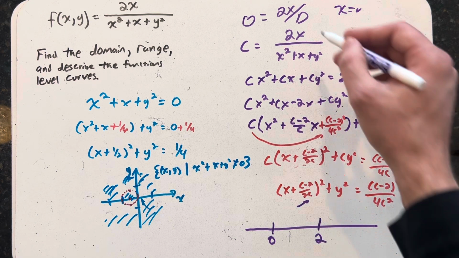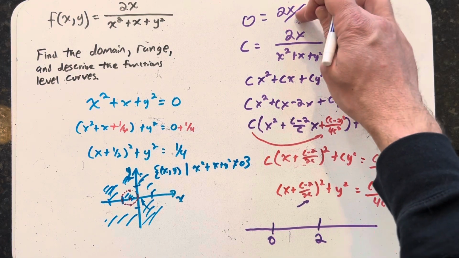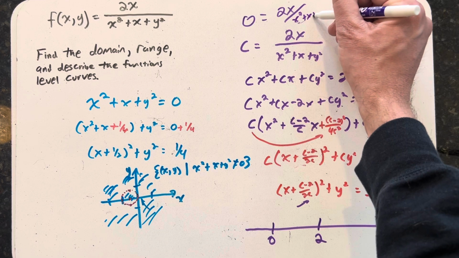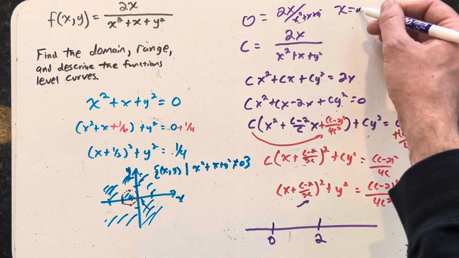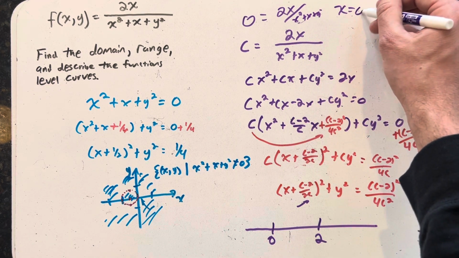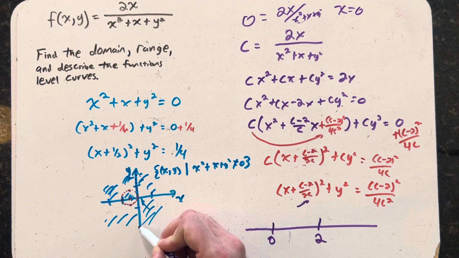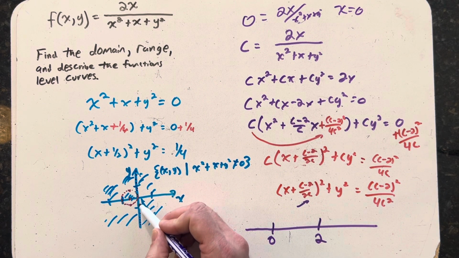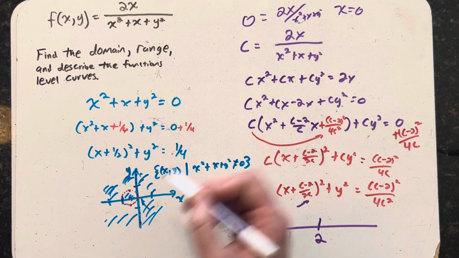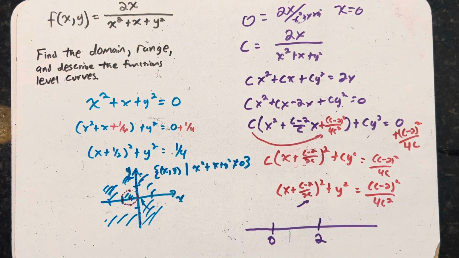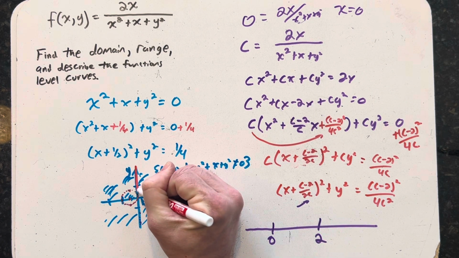I just have to think about the denominator, x squared plus y squared, and all I need to know is that y is some non-zero value. Well, if I'm in the domain, that just means I'm on the y-axis. The origin is not in my domain. So if I'm staying in the domain where x is equal to 0, I'm all right. And so there's a level curve for c equals 0 that just runs along the y-axis.